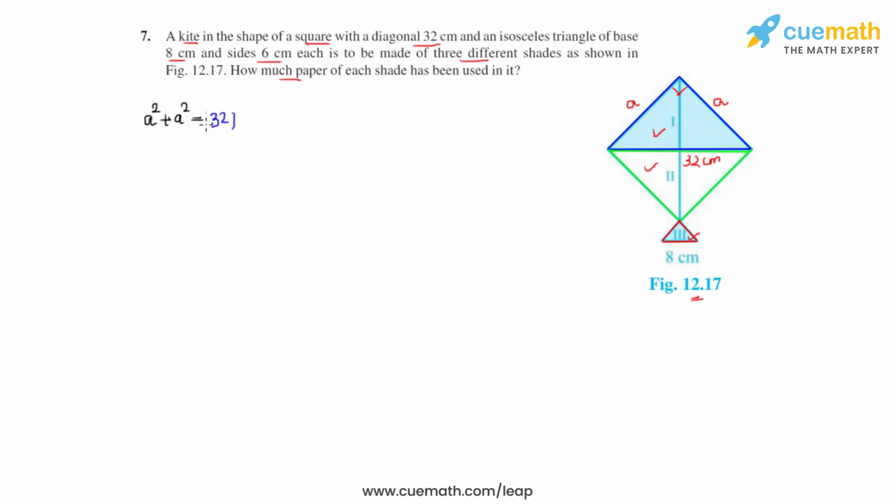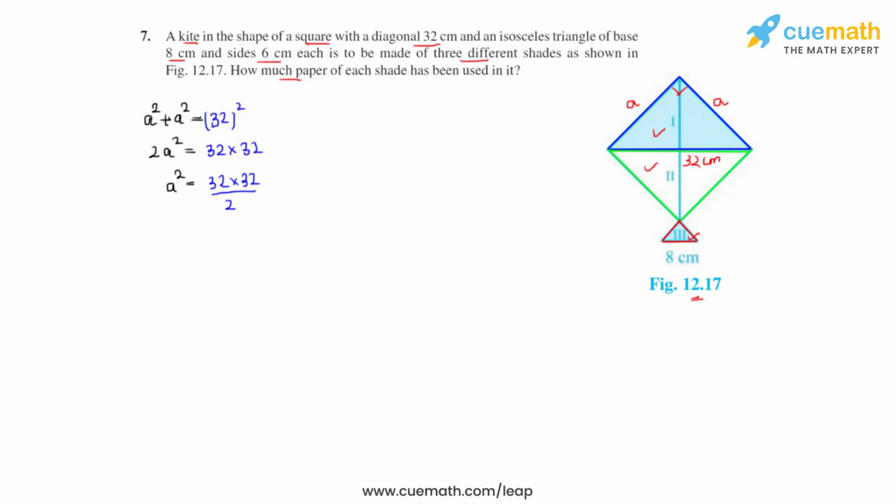32 the whole square. So that will give us 2a square equals 32 times 32. So we get to know that a square, which is the area of the square, equals 32 times 32 divided by 2.